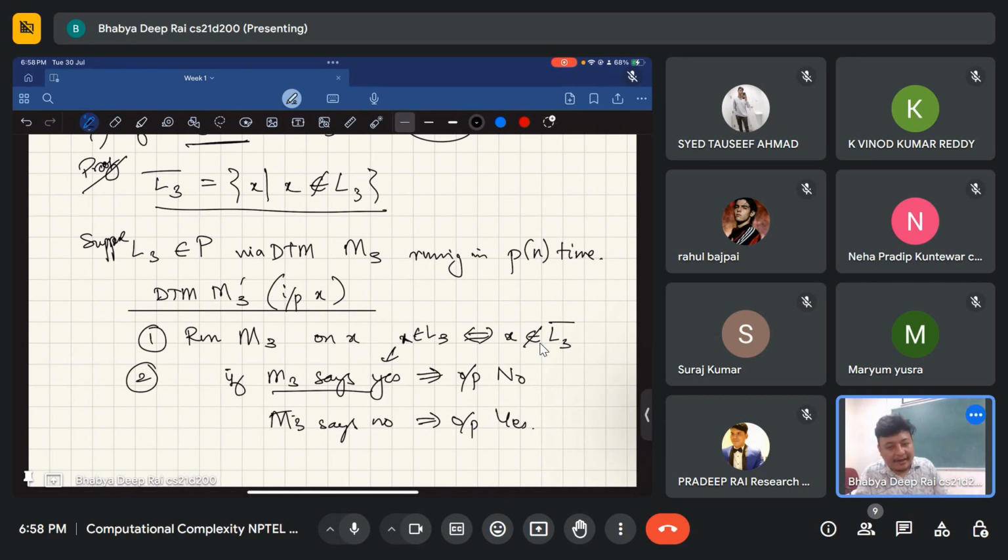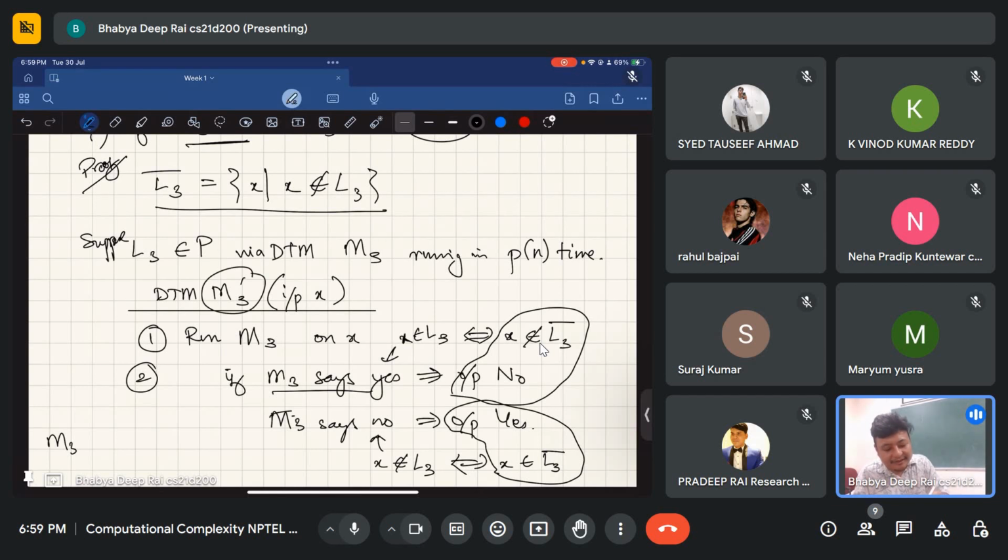And if M3 says no, which is X does not belong to L3, because remember M3 is deciding the language L3, this is as good as saying X belongs to L3 bar. So our output says no when X does not belong to L3 bar, and yes when X belongs to L3 bar. This machine M3 prime decides the language L3 bar.